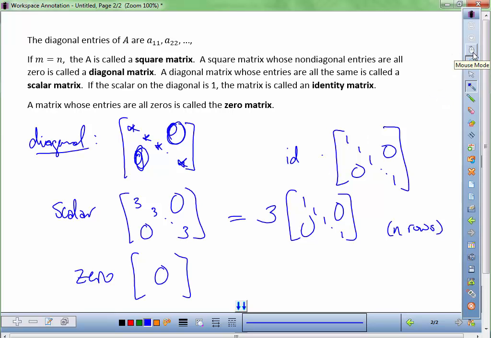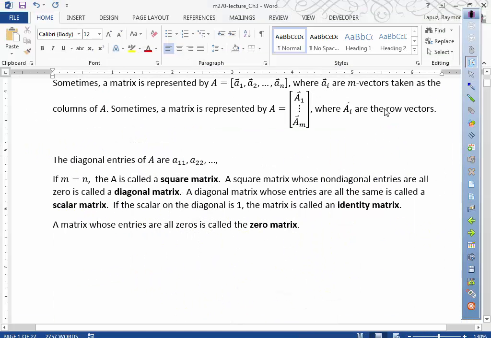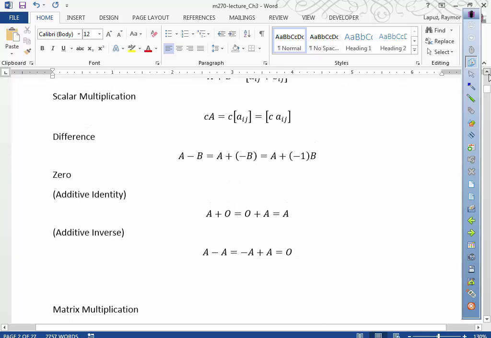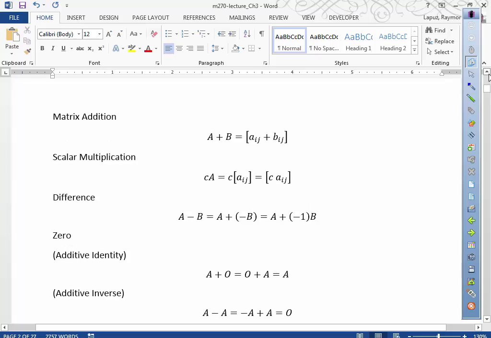All right. Let's take a look at some matrix operations. Addition and subtraction. Oh, here's scalar multiplication. Yeah, you do just multiply everything by that.